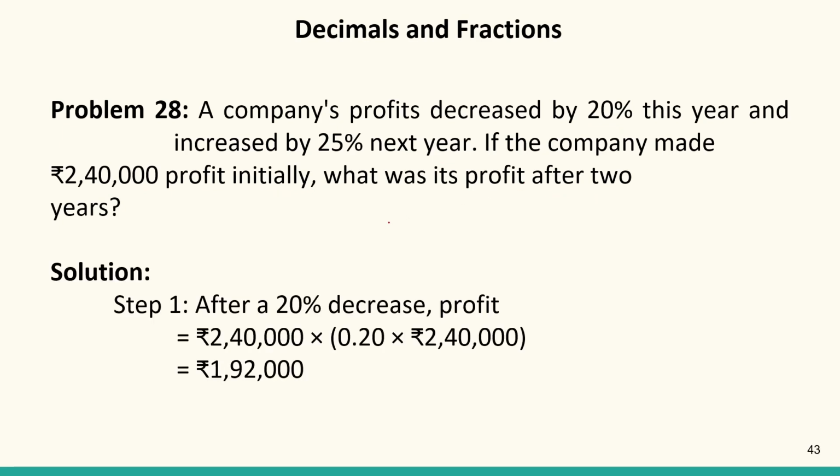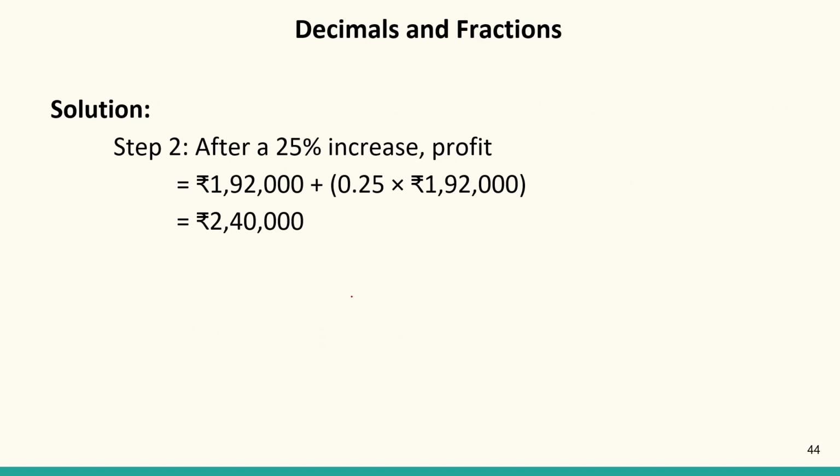So after a 20% decrease, the profit becomes 2,40,000 minus 0.20 of it, since it is a decrease here. So 1,92,000 is the answer after a 20% decrease in profits.